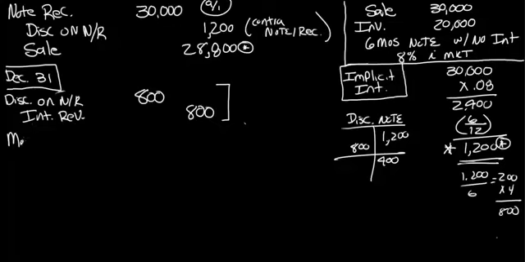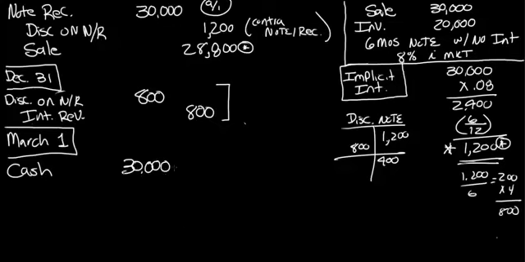Then on March 1st, when this thing is going to get paid, you can see now we're going to get cash of $30,000, which is the amount of the note, and the note receivable is going to go away of $30,000. The other thing that's going to happen is we're going to get rid of the discount on the note receivable.